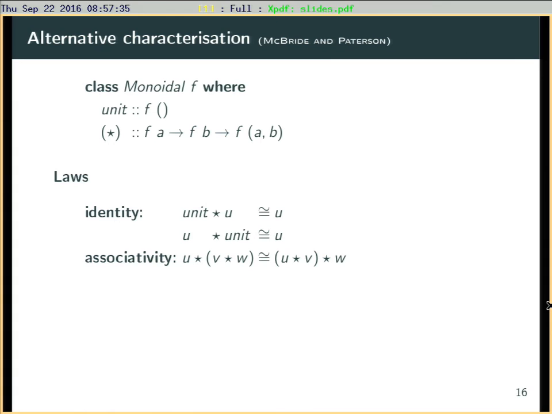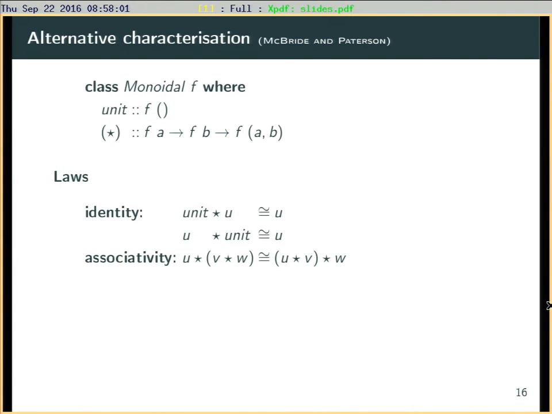This alternate characterization is also quite well known. You have a unit element which is of type F unit, and there is a star which helps you pair elements inside the functor. There are certain laws it has to satisfy. The law is that unit star u is essentially u.